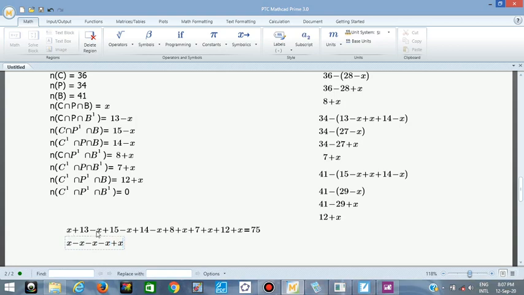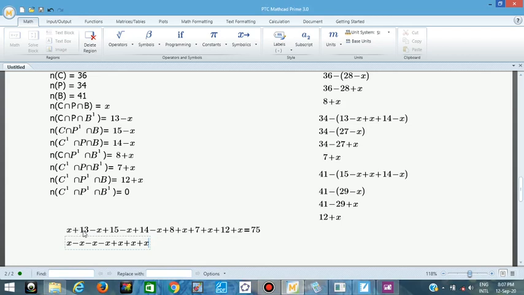This is x minus x minus x minus x plus x, then plus x plus x plus x. Make sure you don't make mistakes. Starting from this x minus x minus x minus x, which is 4, plus x 5, plus x 6, plus x 7. That's 1 2 3 4 5 6 7. We are through with that.